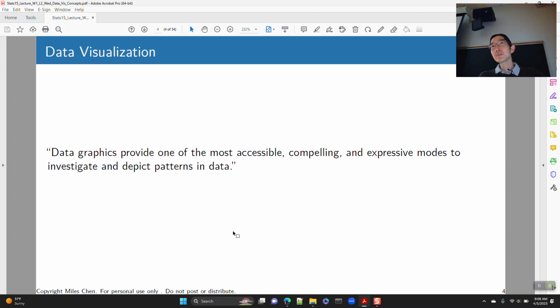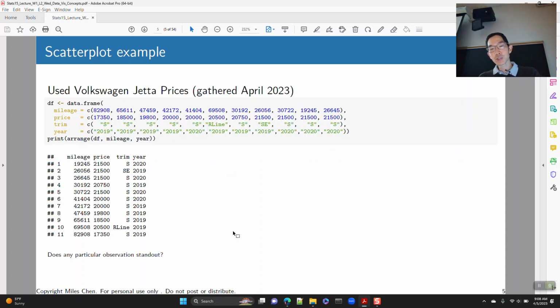And let me just show you an example here. Okay, so here is a small table of data. I just went on a dealership website last night, and I looked up used Volkswagen Jettas, and I downloaded a few bits of information.